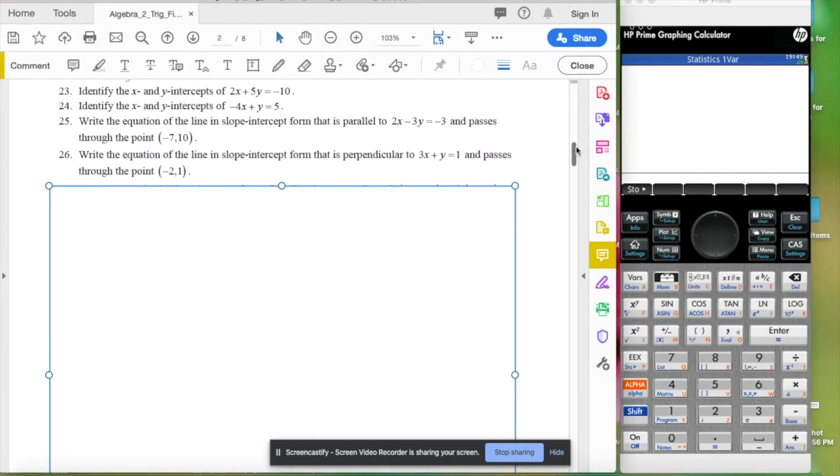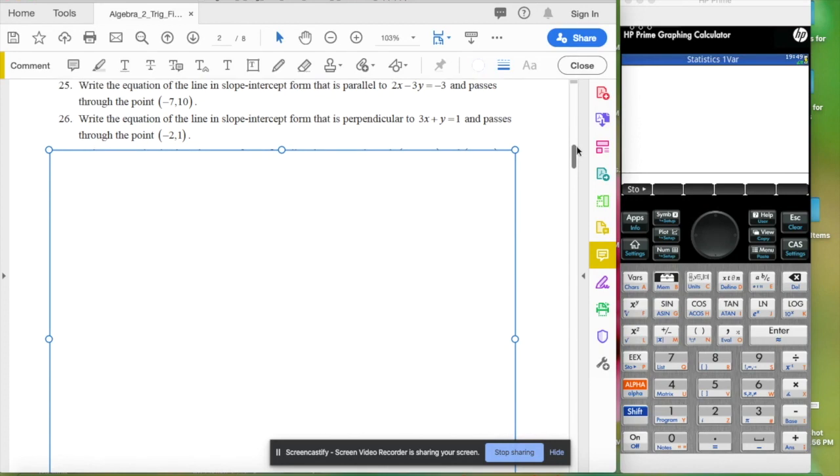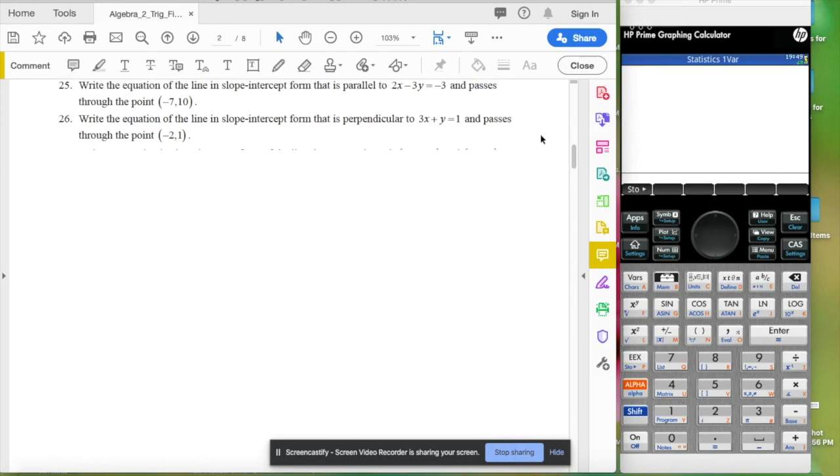All right, now we're going to write the equation of a line in slope-intercept form that is parallel to 2x minus 3. First we want to know that slope-intercept form is y equals mx plus b.